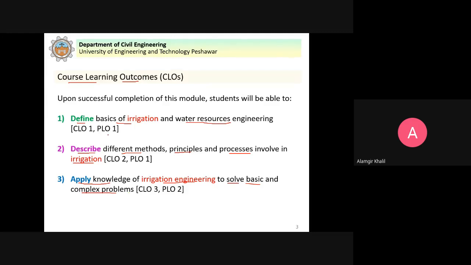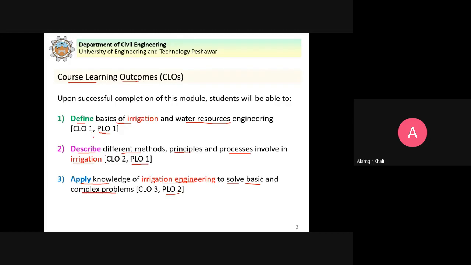So by the end of the course, these course learning outcomes should be achieved, and they contribute towards what is known as PLOs. You can see that these CLOs are linked with PLO1 and PLO2. PLO is the program learning outcome.